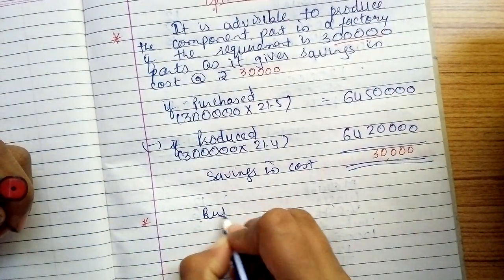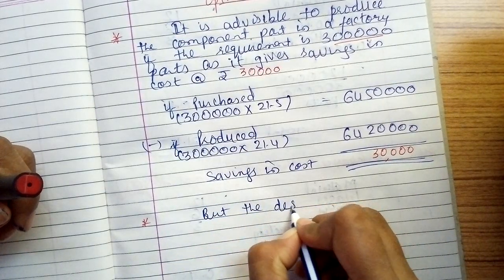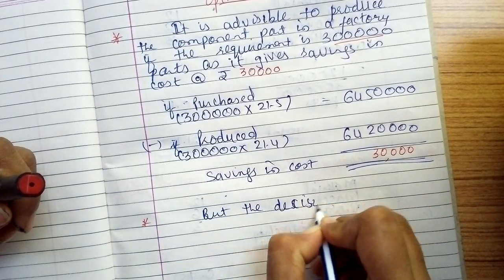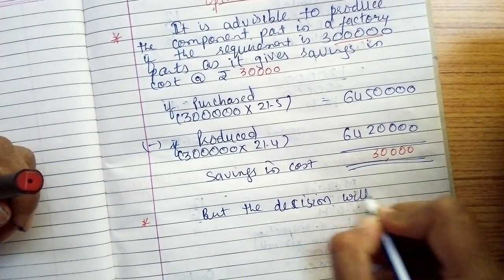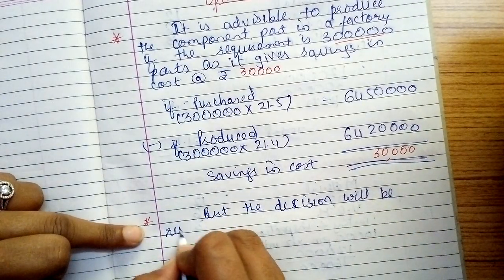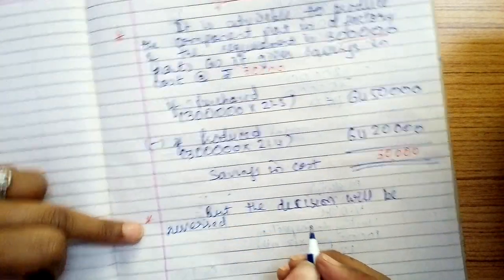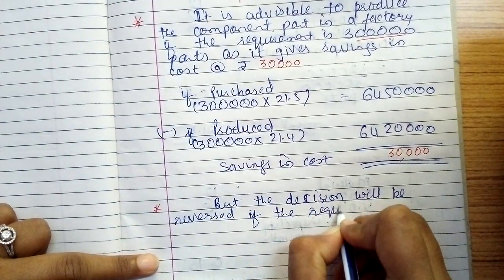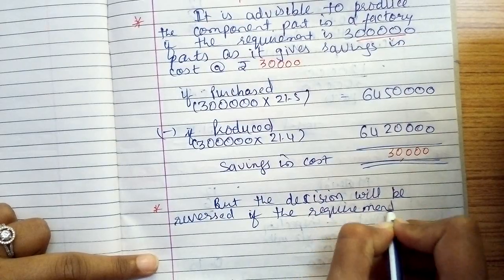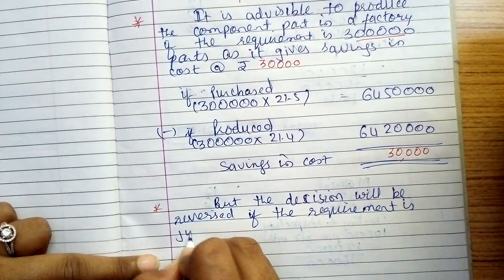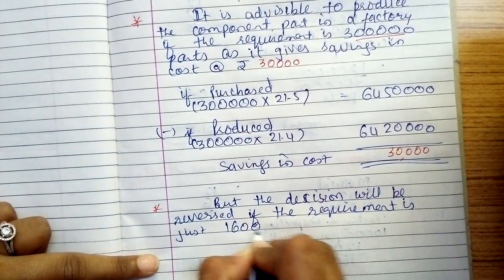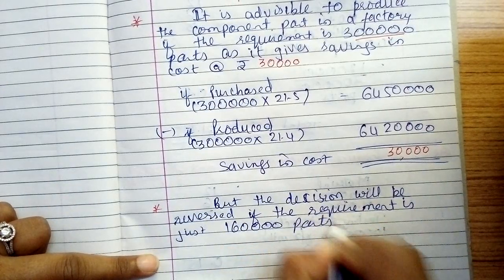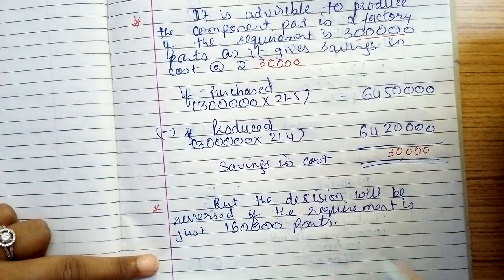But the decision will be reversed if the requirement is just 1,60,000 parts or units, right?